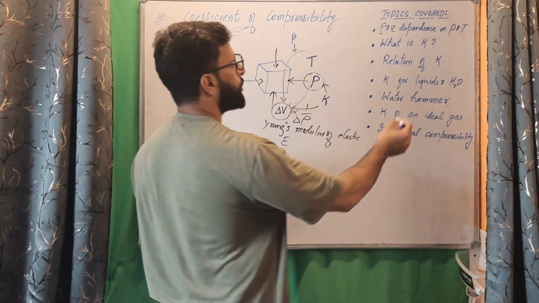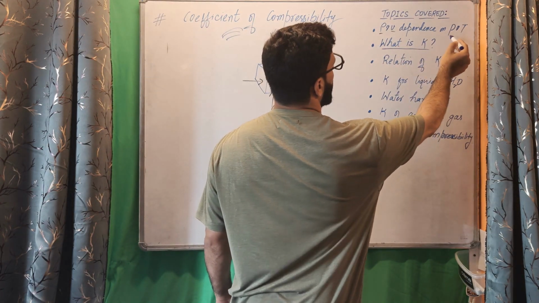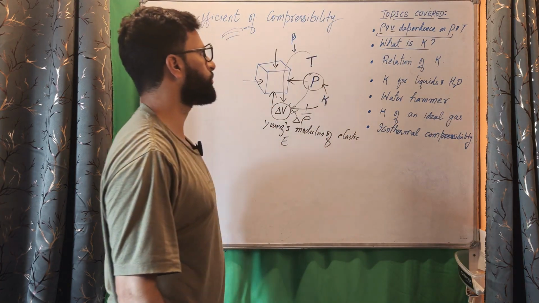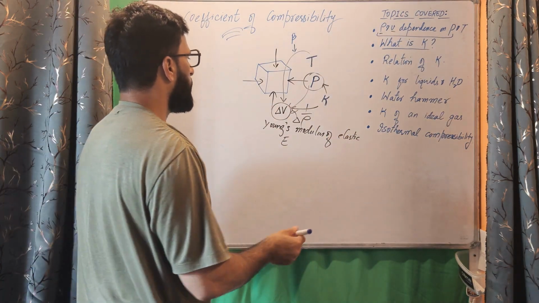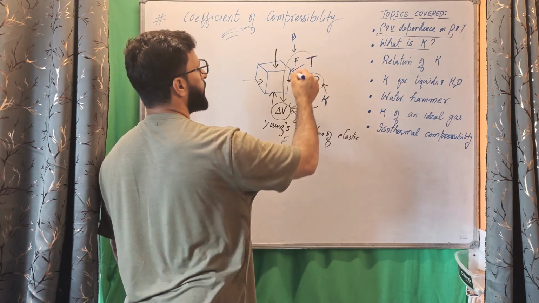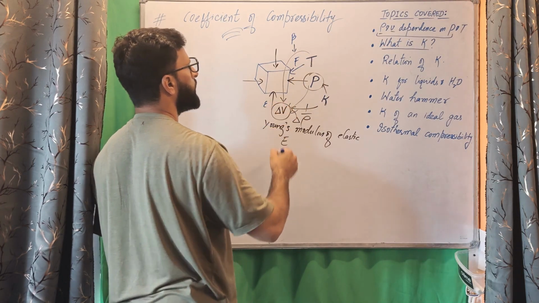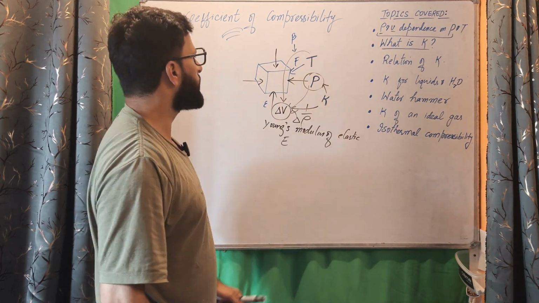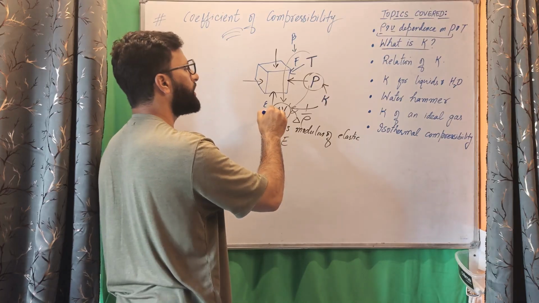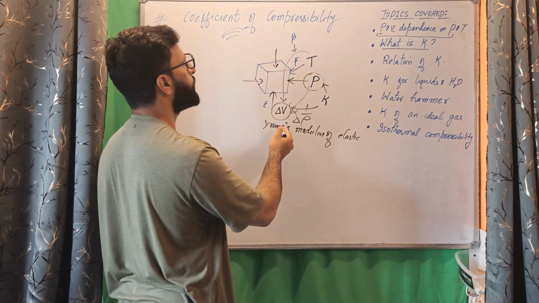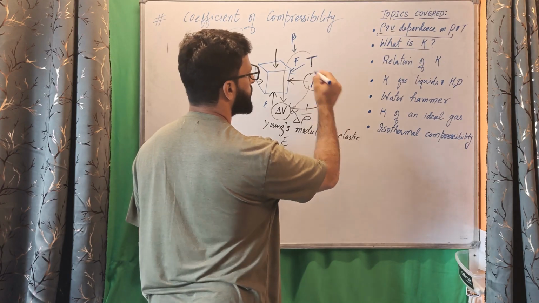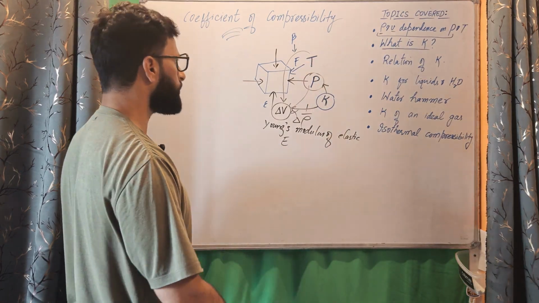Let's move on to this section. What is kappa? That means the dependence of rho or V on P only. Now, as I said, the relation of force applied on a body to the stress induced in the body is given by Young's modulus. Similarly, the effect of pressure on a fluid on the volume change of the fluid is denoted by a property called the coefficient of compressibility, denoted by kappa.